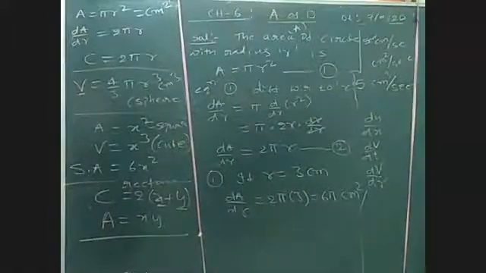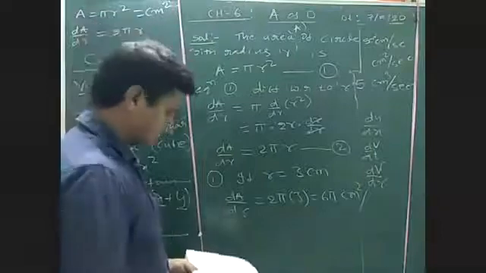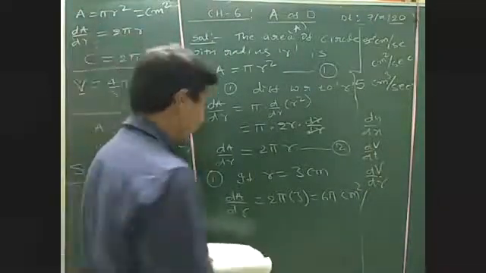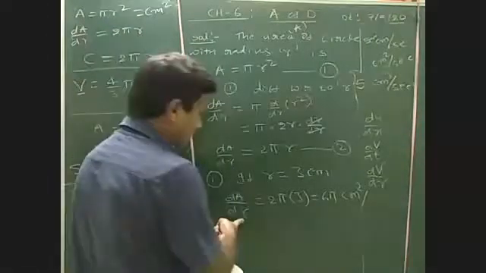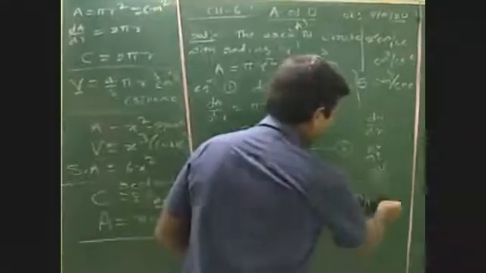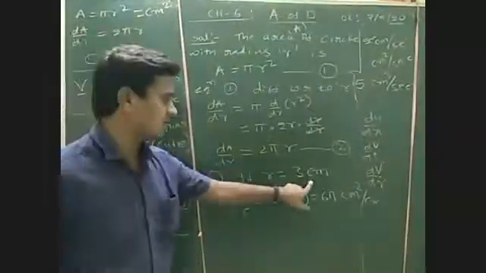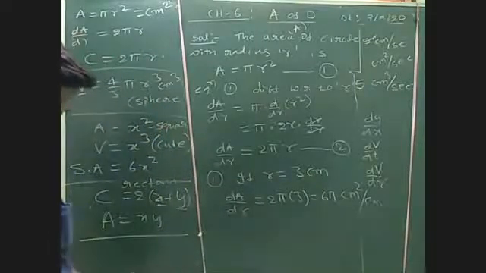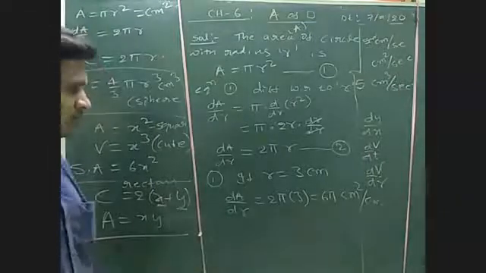The rate of change of area with respect to r means per centimeter; we can write per centimeter because radius is in centimeters. Then this is the answer.